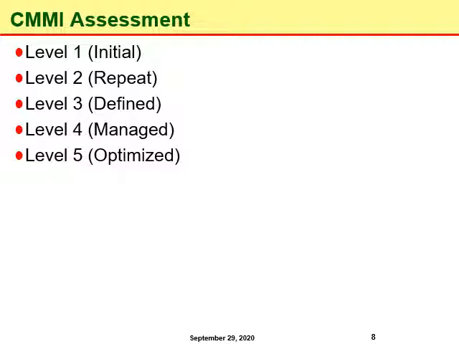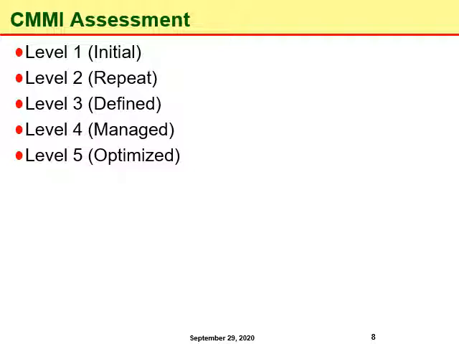Then level 2 of CMMI requires management of organizational requirements through planned, measured, and controlled processes. Whereas level 3, which is defined, is in fact an improvement of CMMI level 2 and focuses on organizational standardization and deployment of processes.